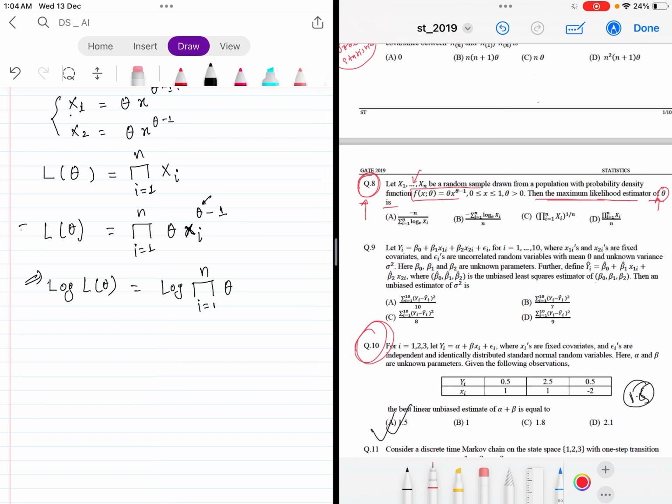Suppose the likelihood function is maximum at some value of theta.